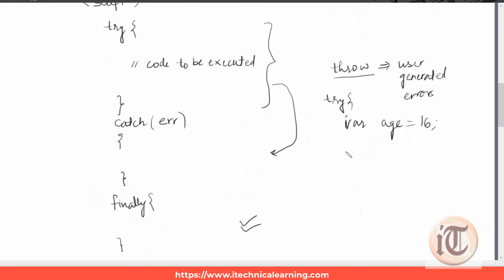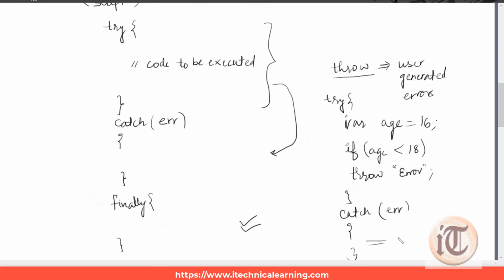And if I say if age is less than 18, then what we can do? Throw error. We use something like this, and if I throw the error, then to catch it we'll use catch ERR, and we'll deal with this error here. So this is a kind of preventive measure that can be taken while writing JavaScript programs and executing them. Okay, now let us understand it with the help of a programming example.